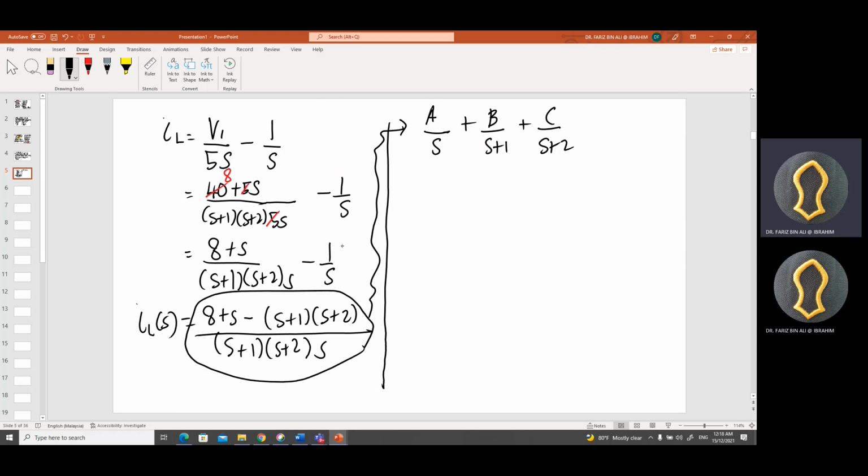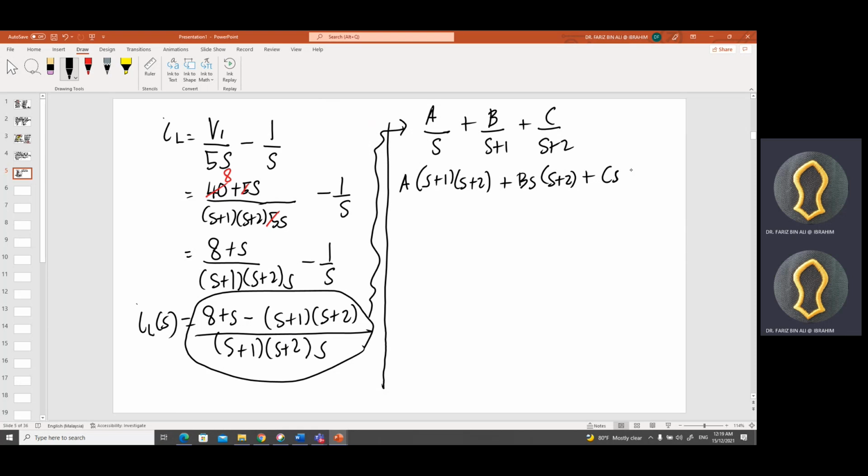So A times S plus 1, S plus 2, plus B times S, S plus 2, plus C times S, S plus 1. This is not new, partial fraction expansion, equal to the above part here, 8 plus S minus S plus 1, S plus 2.